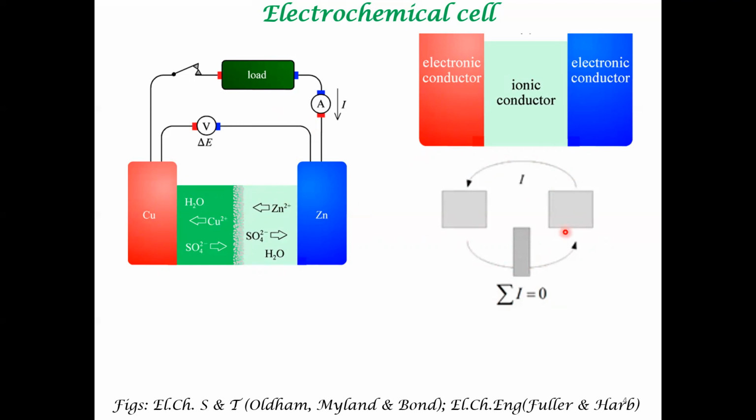So just to emphasize, the simple electrochemical cell has the following components. It consists of electrode and ionic conductor. This is often called an electrolyte, and the action is at the interface between electrode and the electrolyte.